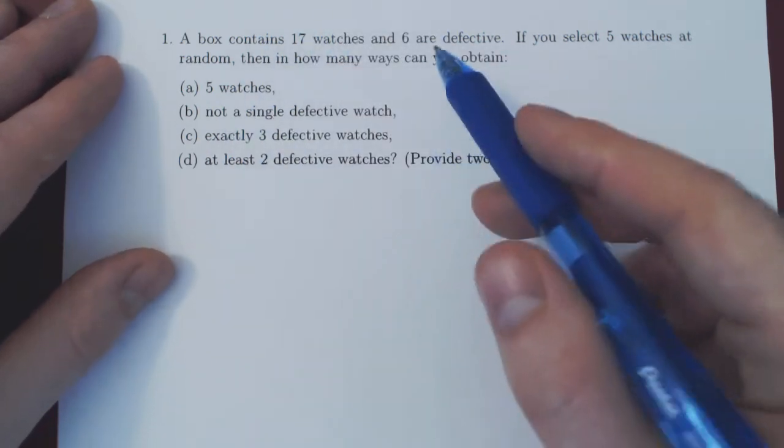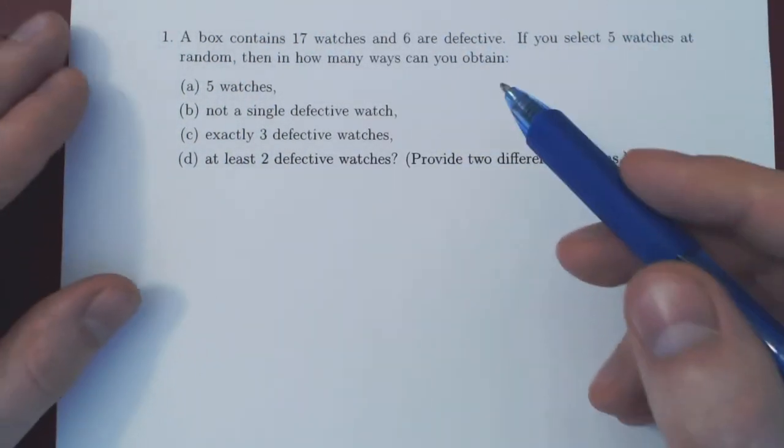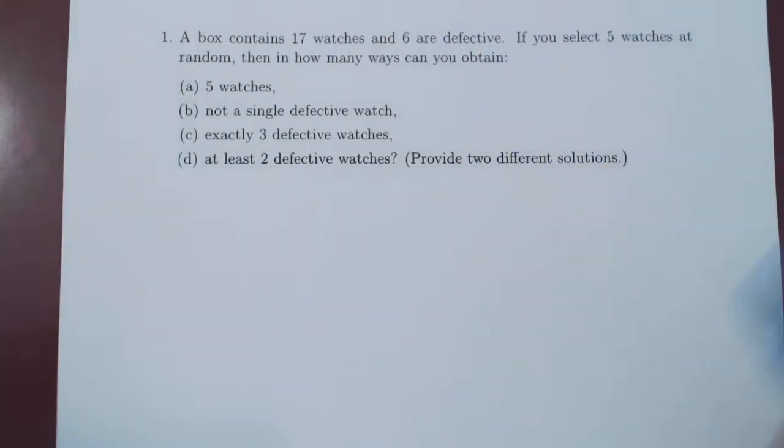Now if you look at the problem here, first, we are saying that we have 17 watches and we are selecting 5 of them. So implicitly here, it is without replacement.